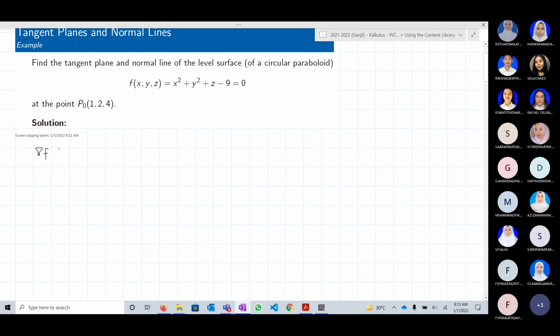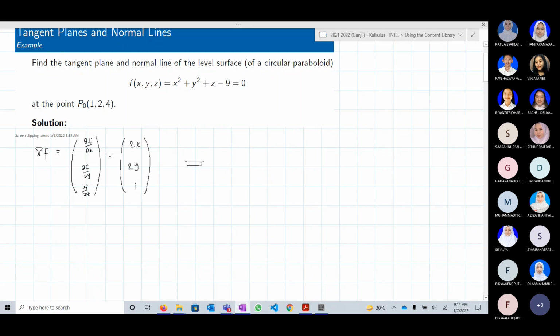Grad f in this case is a vector of the partial derivatives: dou f dou x, dou f dou y, dou f dou z, which is 2x, 2y, and 1.